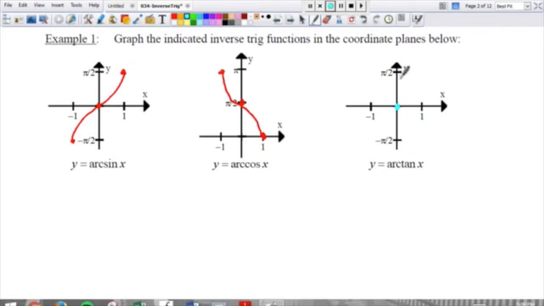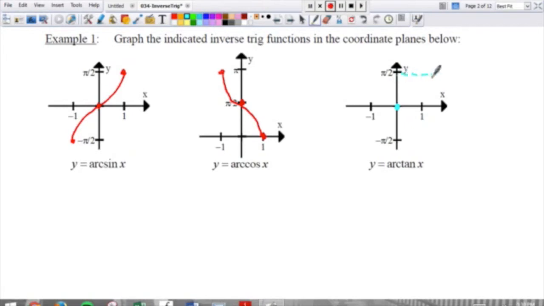Tan of pi over 2 doesn't exist, is what you should have said in your mind if you're ready for this lesson. Tan of pi over 4 is 1. Tan of pi over 2 doesn't exist.